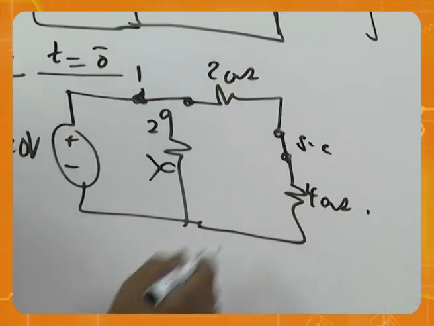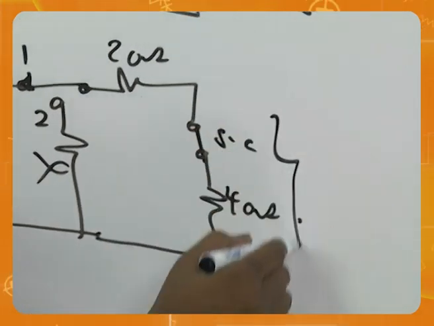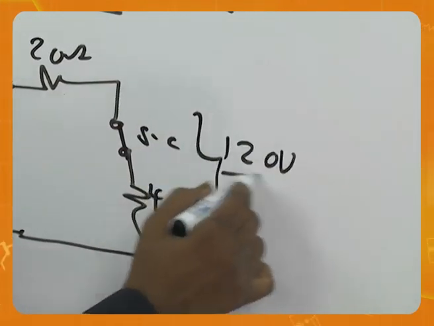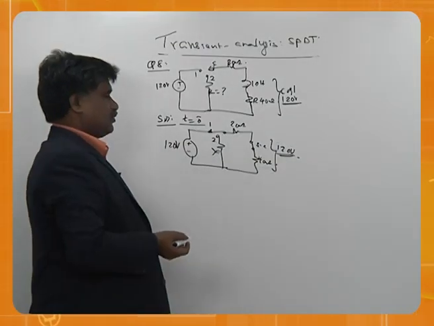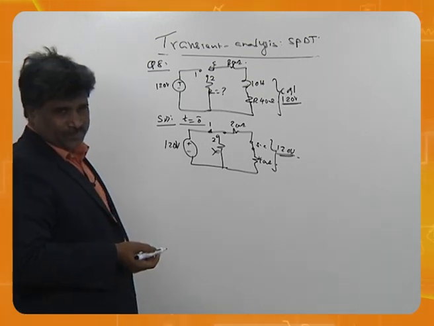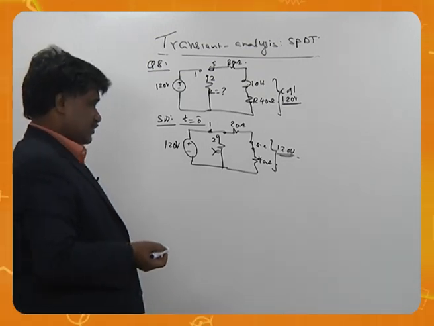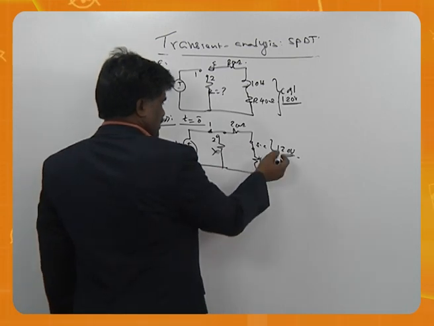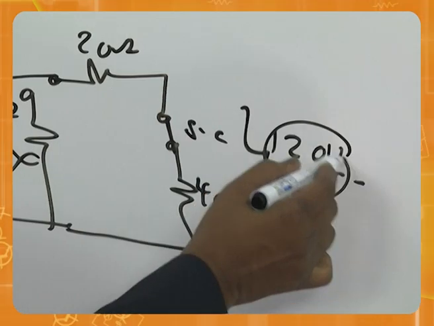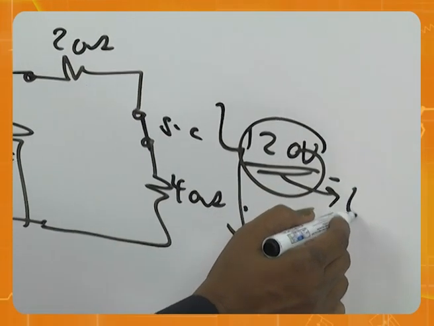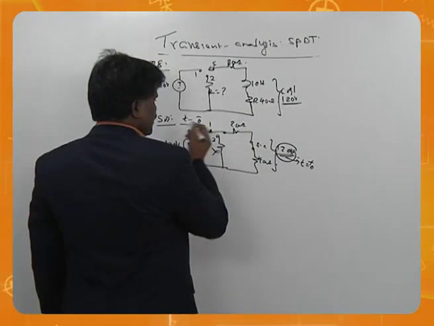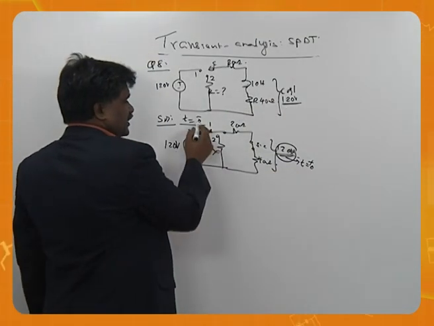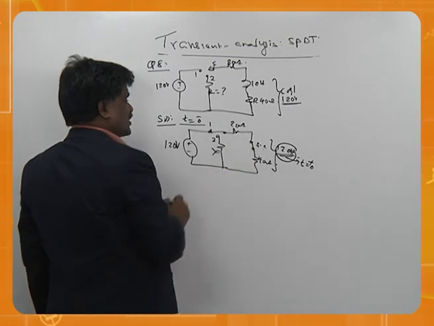This is 40 ohms. And what is the voltage here? He said 120 voltage there at T0 plus. He is not telling how much is there. He is mentioning this is at T0 plus, but we are drawing for T0. So the only thing that we understand at T0 minus is short circuit.